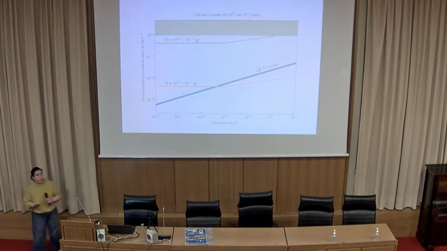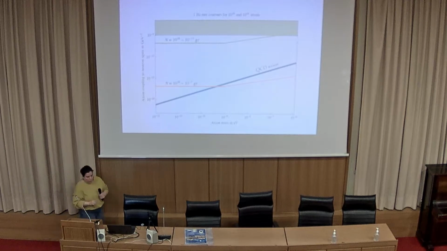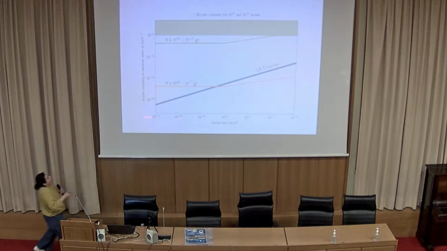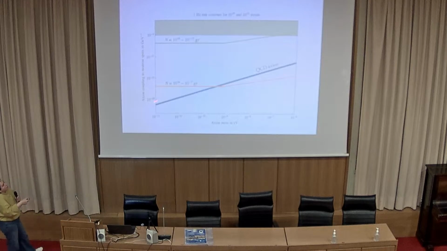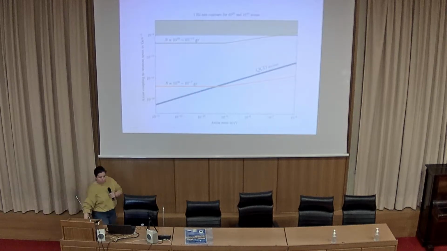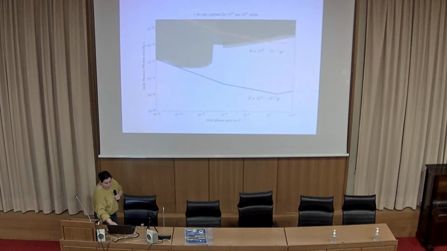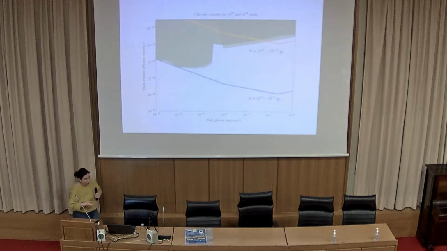This is a lot of what coherence buys you. If you make the sample a bit bigger, then the 1 Hertz rate contour starts probing the line that corresponds to that of the QCD axion. Now I should say there is a similar plot you can draw for dark photons.